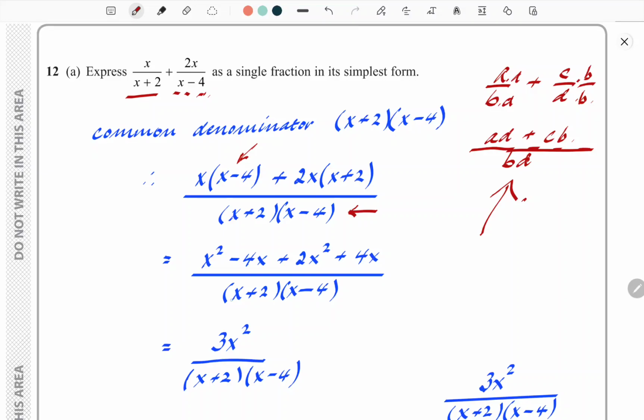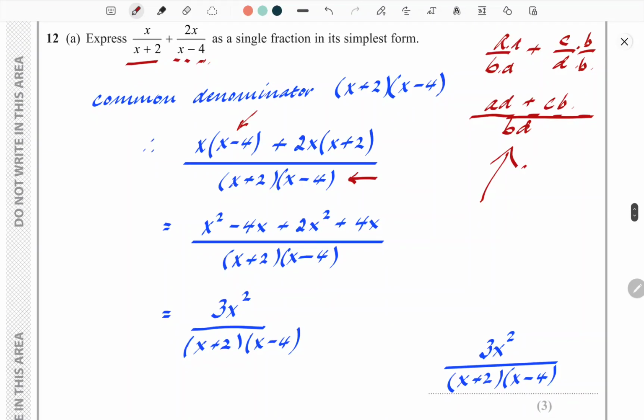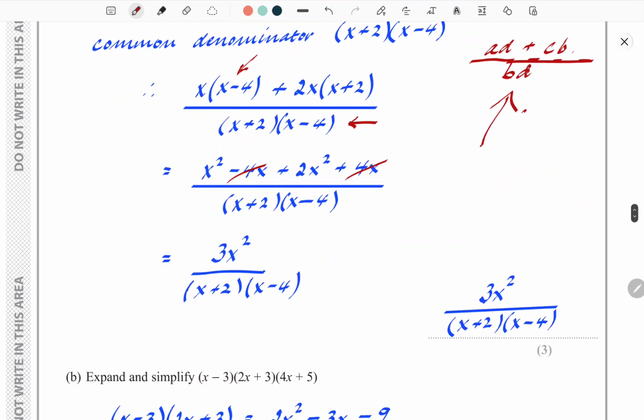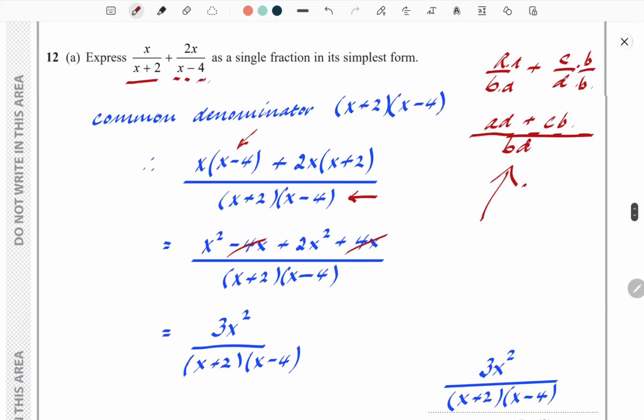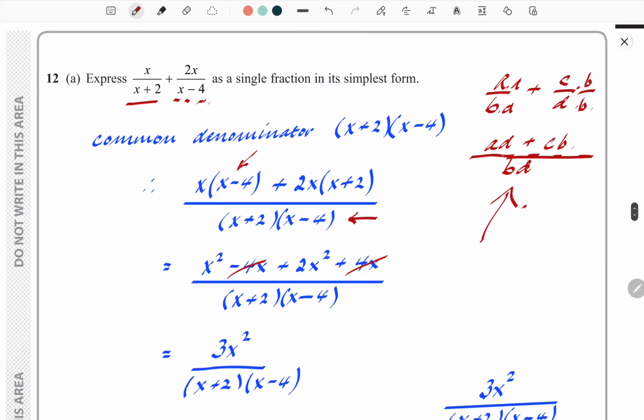All divided by that common denominator, x plus 2 times x minus 4. Tidy everything up, you've got that cancelling with that. x squared plus 2x squared, 3x squared, and that is actually your answer. All right, not overly complicated, but please remember the cross multiplication method for fractions.